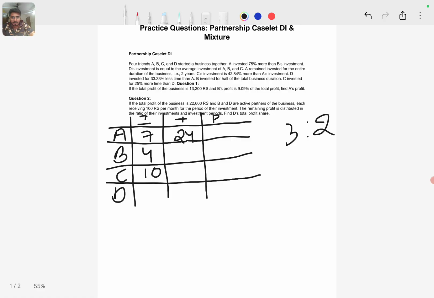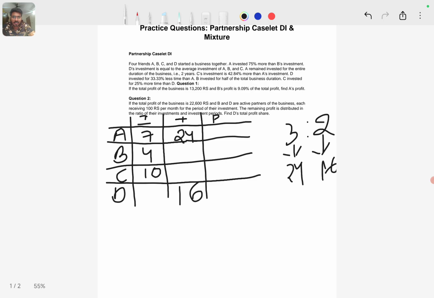Okay, so 3 units 24 means 2 units 16. Okay, D invested for 16 months.